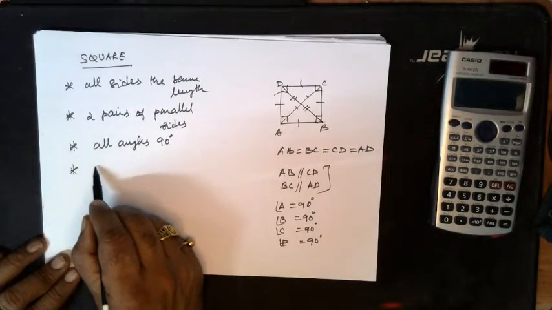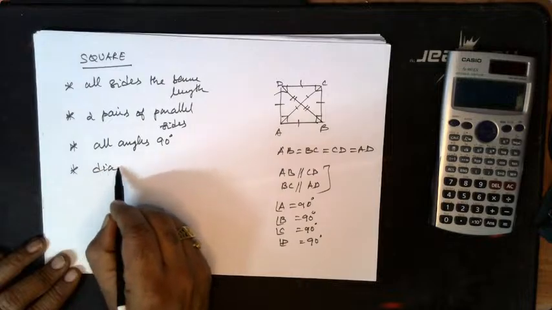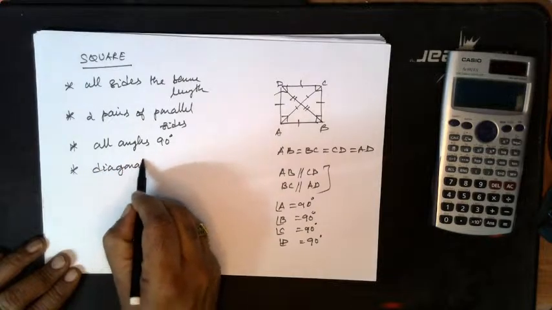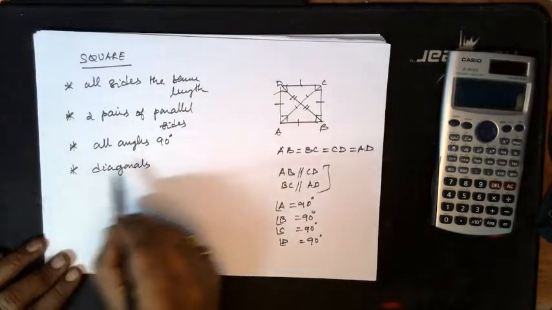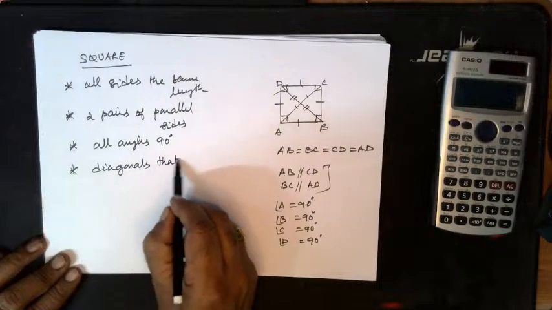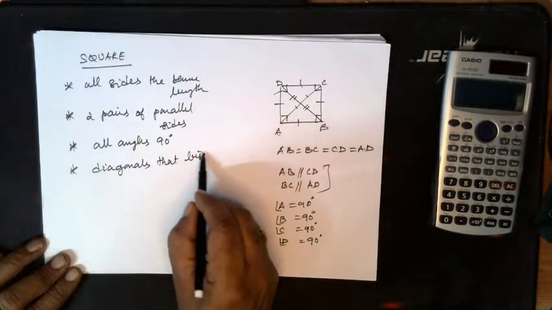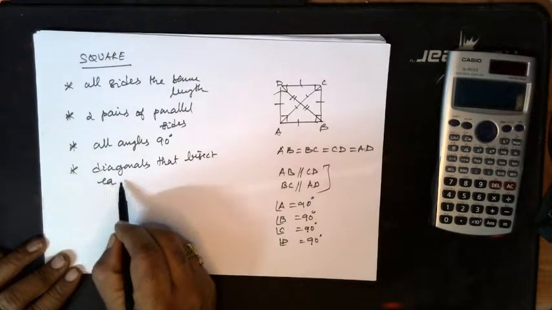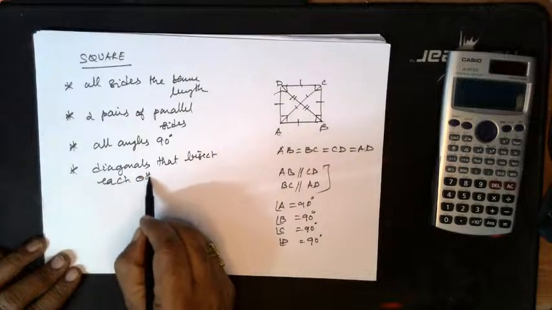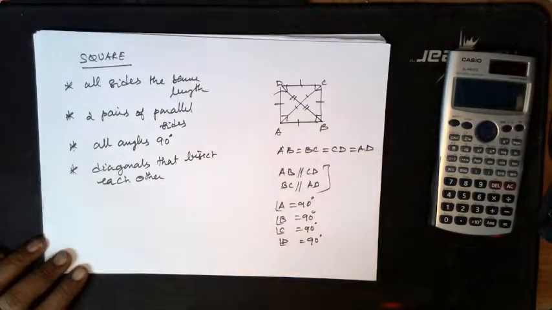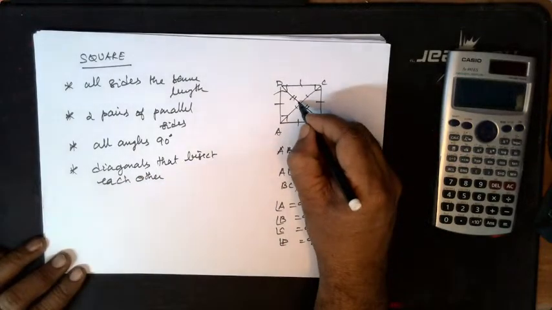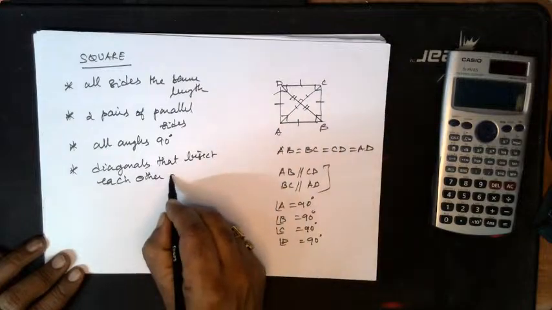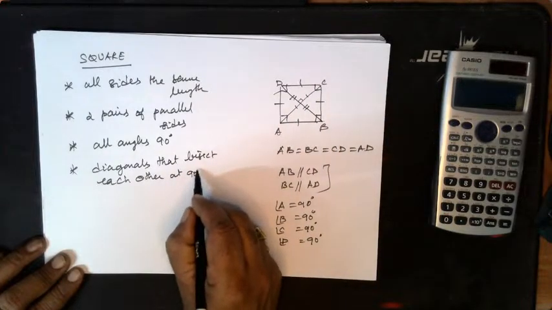Squares have diagonals that bisect each other at 90 degree, that is important.